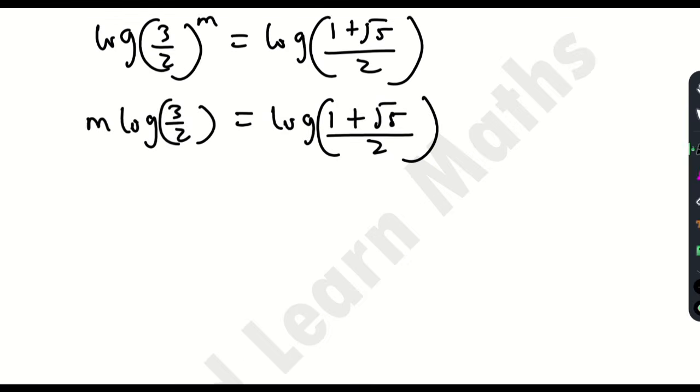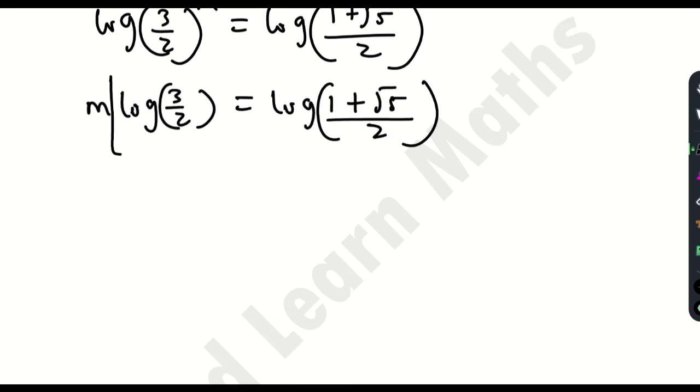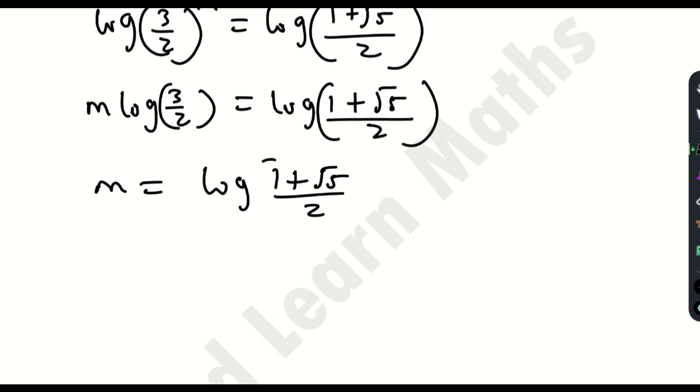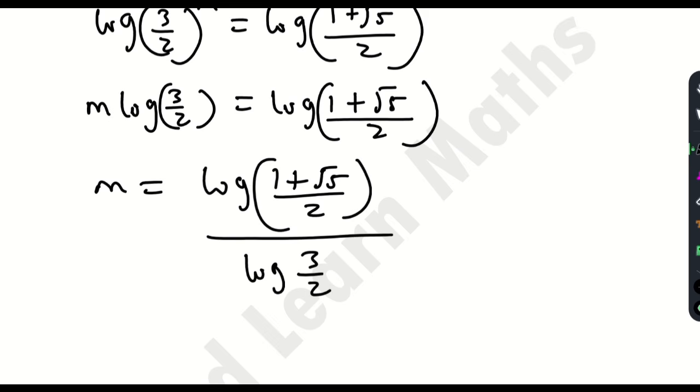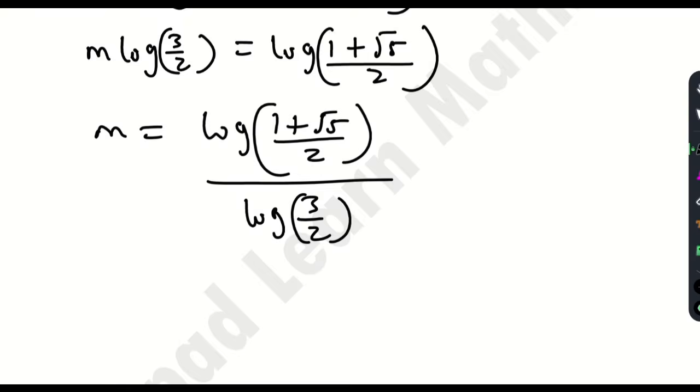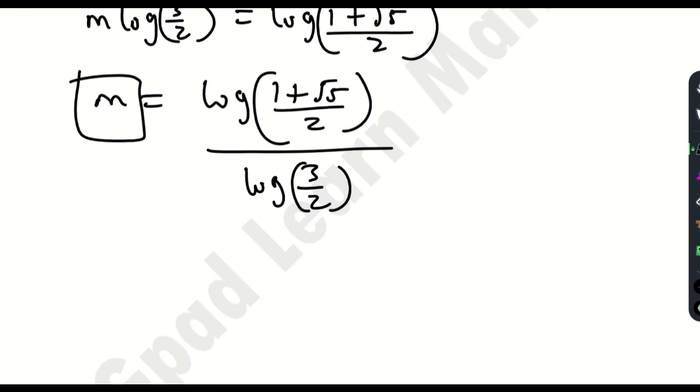So I'm going to divide both sides by the coefficient of m, this right here. So I will divide both sides by log 3 over 2. So m will be equal to log of 1 plus root 5 over 2, over log of 3 over 2. I think this is the end of the road for m. We know what m was set to, right?